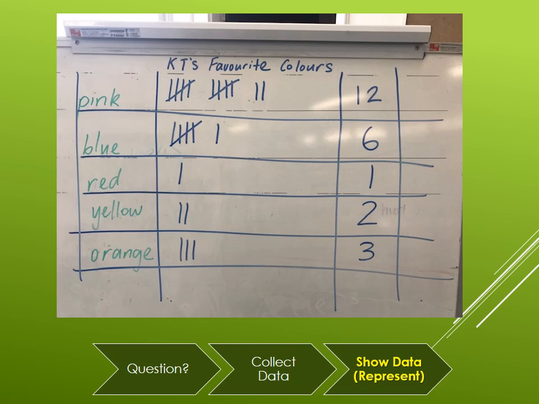So I know that in my first group over here, next to the pink, there are 5 there. I know that there are 5 in the next group as well. And I know 5 plus 5 equals 10. So I've got 10 over here, plus 2 more, that equals 12.